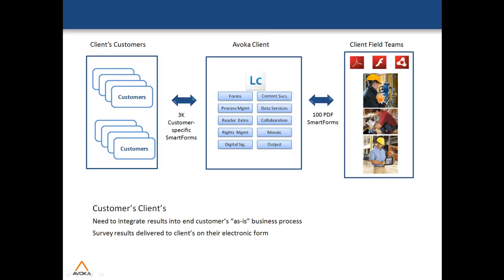And they estimate that their 100 forms used by their distributed workforce would be converted into up to 3,000 customer-specific PDF smart forms on the back end. So in total here, what we were going to develop was 3,100 PDF smart forms for this total process to work.